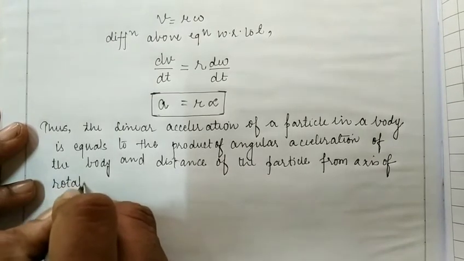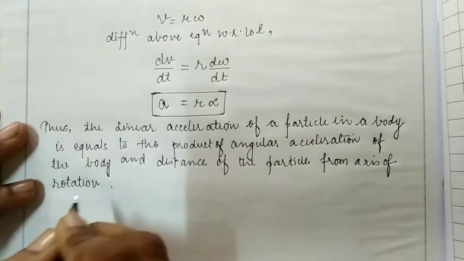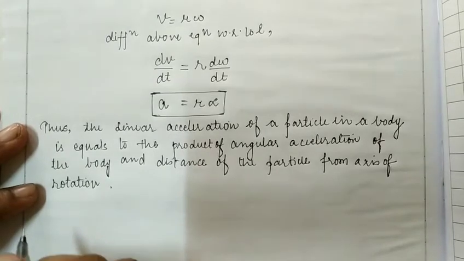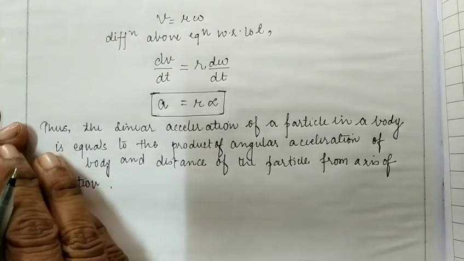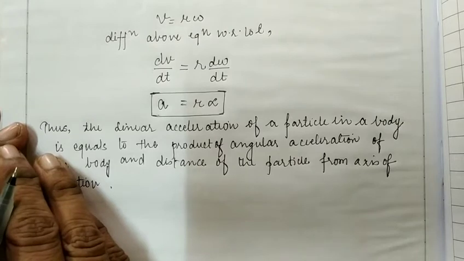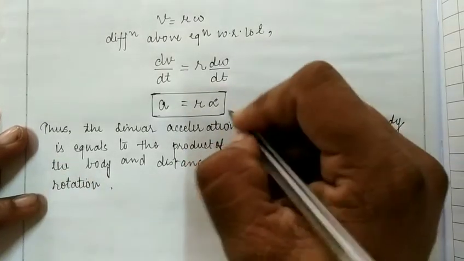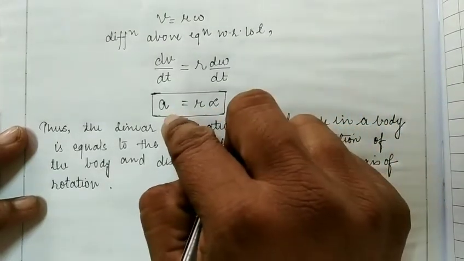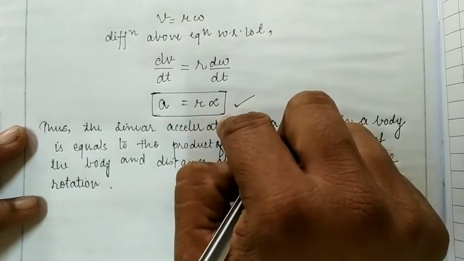Okay students, so this is the basic funda to learn how to establish a relationship between the linear velocity and angular velocity, and on the basis of them, how we can derive an expression for the linear acceleration in terms of the angular acceleration.